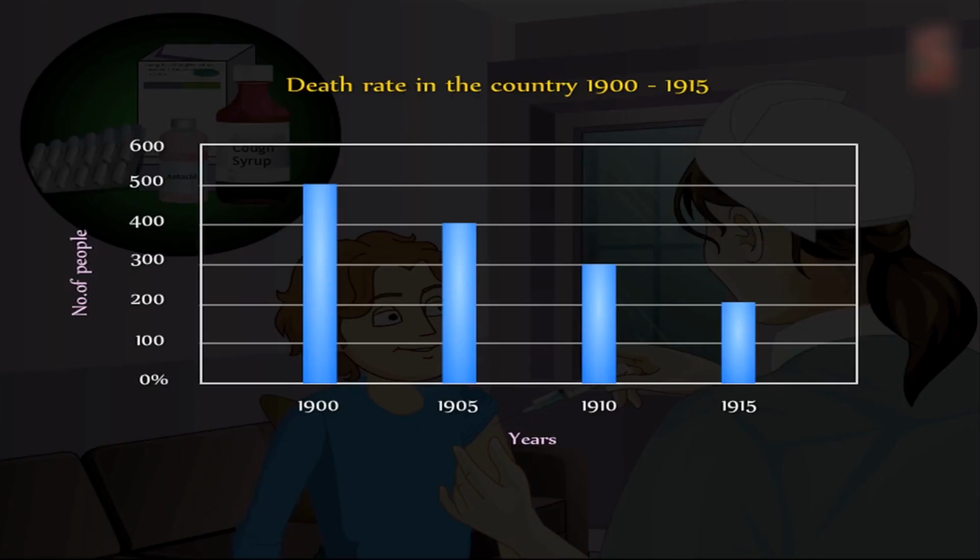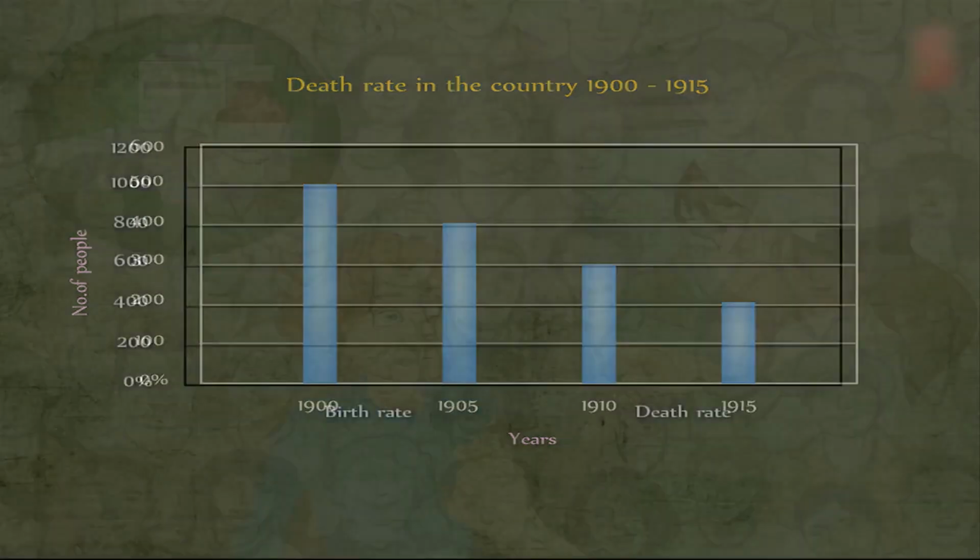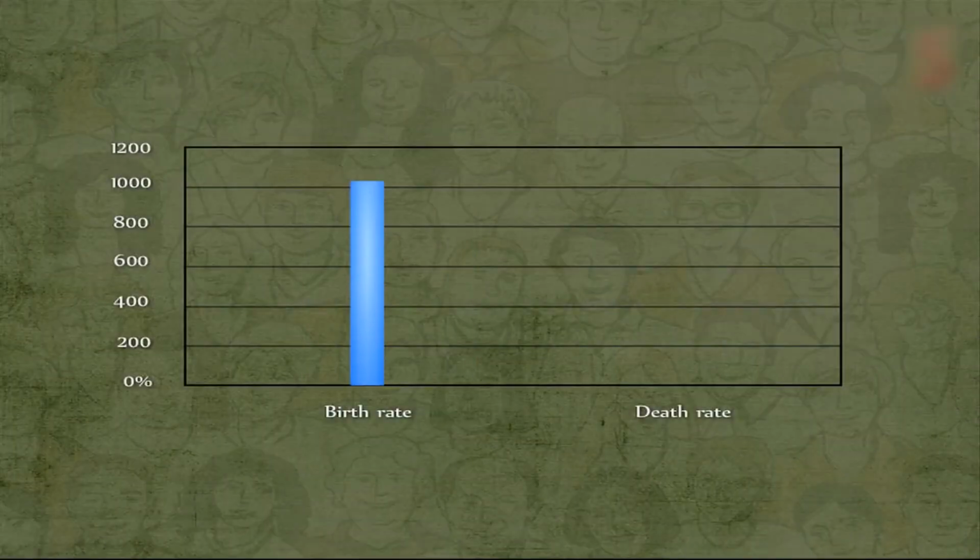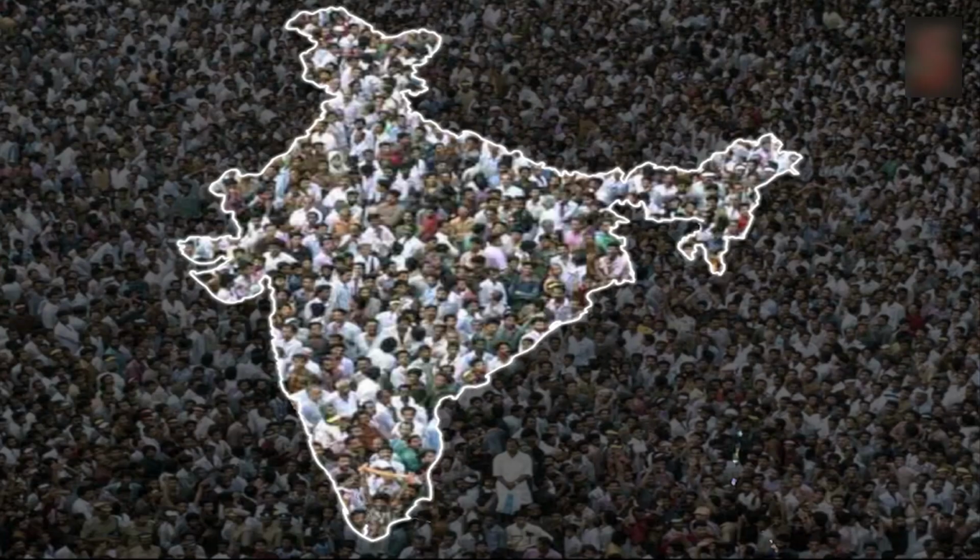As a result of all these advancements, the death rates came down when compared to the year 1900. The high birth rates along with the decreased death rate led to higher rates of population in the country. We can see that the birth rates also began to come down, which resulted in a decline in the rate of growth of population in the country.